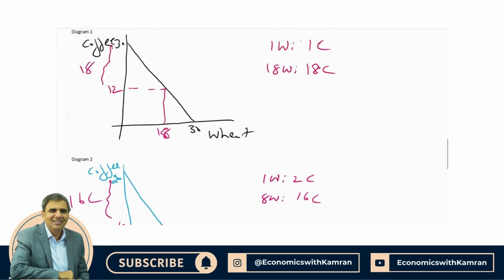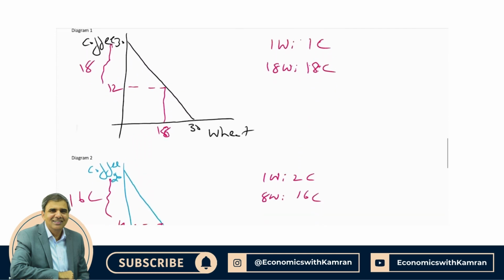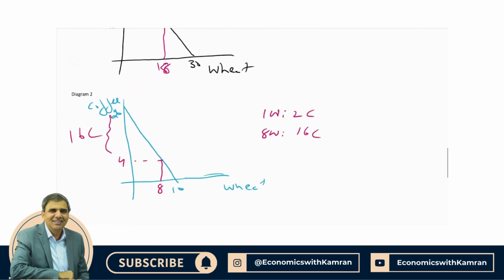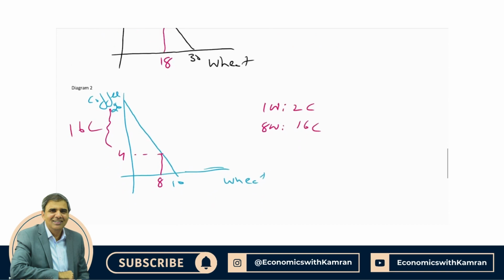So what is the total output of wheat before specialization? How many units of wheat are being made by both countries? 18 wheat by America and 8 wheat by Brazil. The total output of wheat was 18 plus 8, 26 wheat.